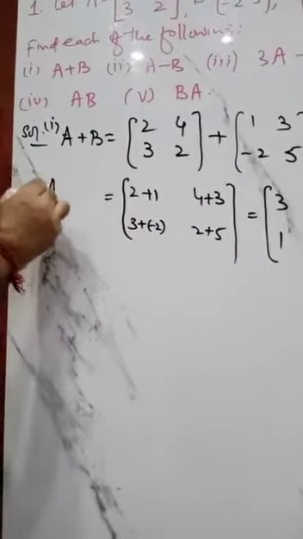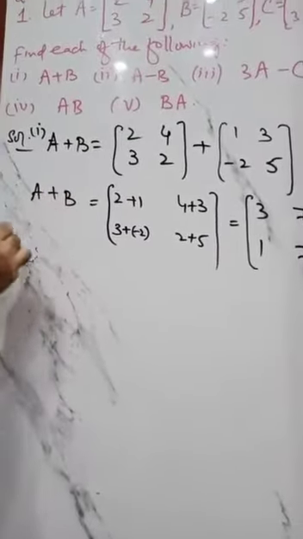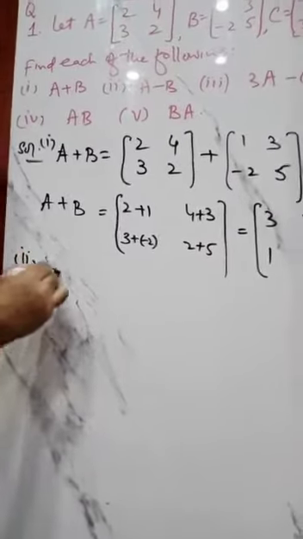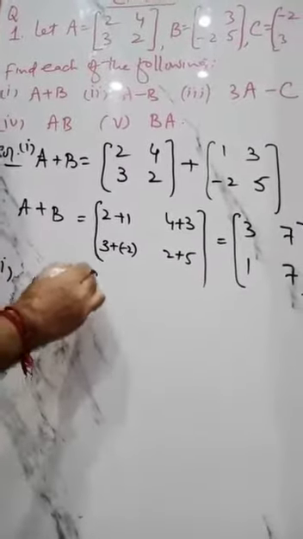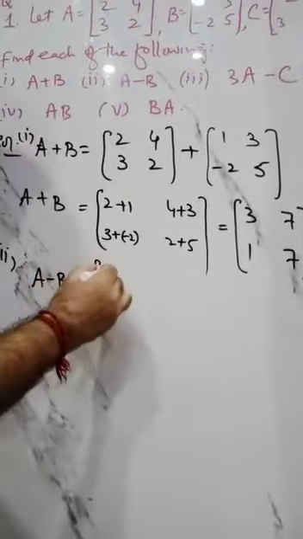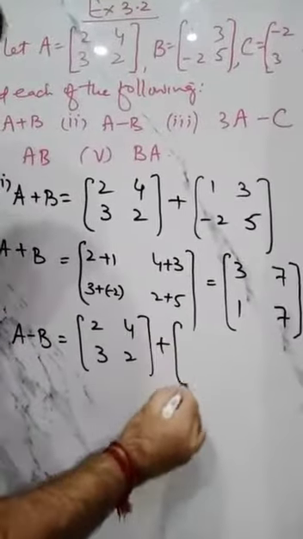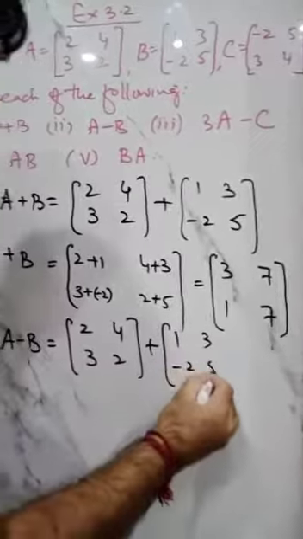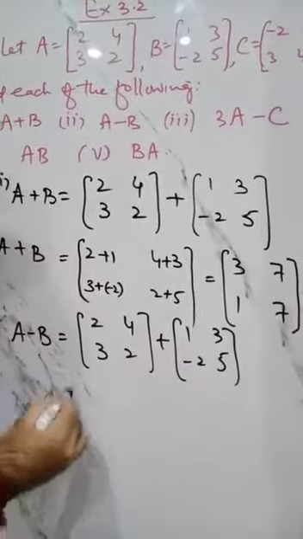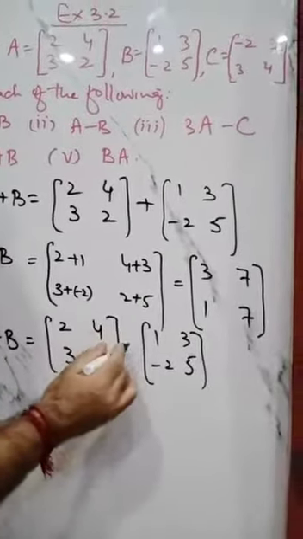So the next part is A minus B. Again, just like addition, you will do the subtraction. The A matrix, then we have 1 3 minus 2 5, the B matrix, when subtraction is there.